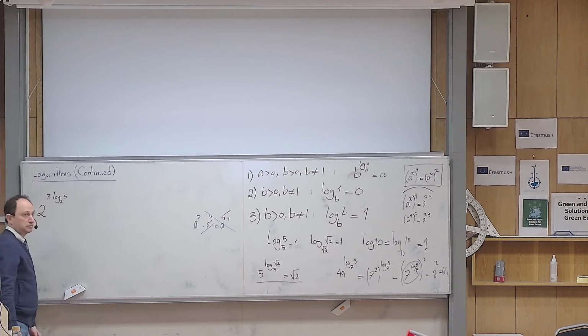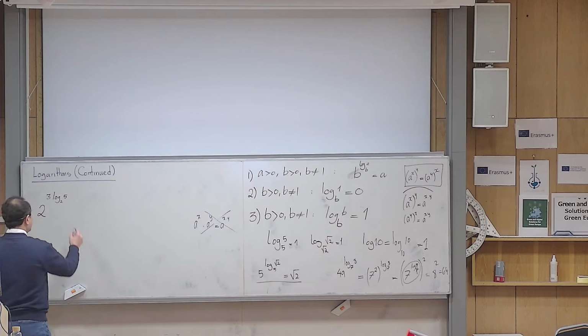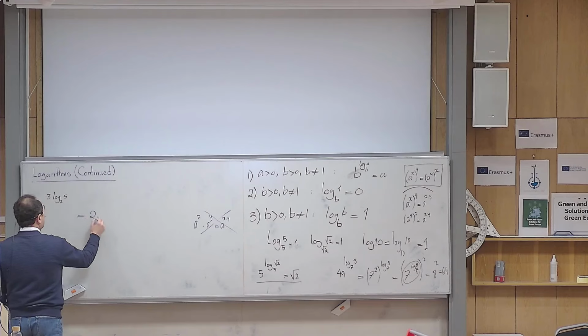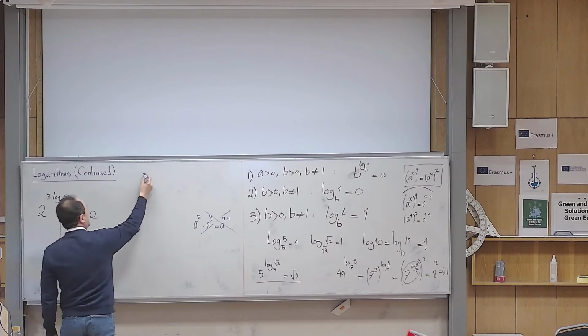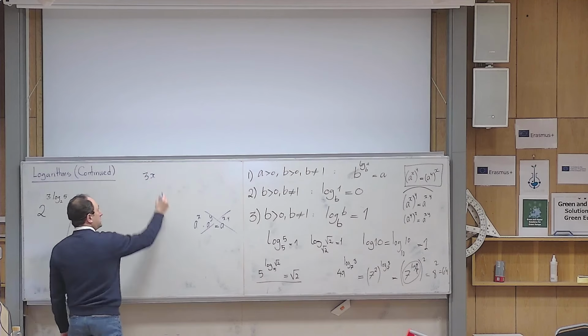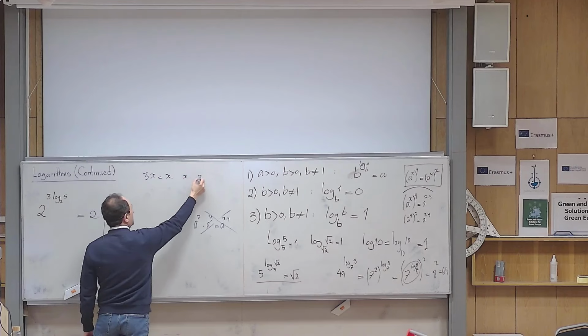But what should I do? Can you write 3 logs, like log 5 to the base 2, log 5 to the base 2? Yes, this is one way. I don't want to do it, but I will follow yours because it works. He's saying that when I say 3x, it means one x, another x, another x added.